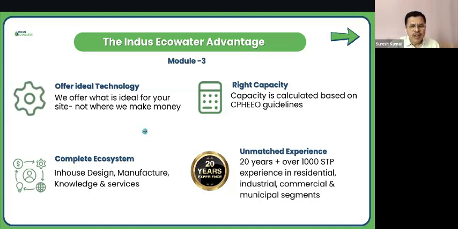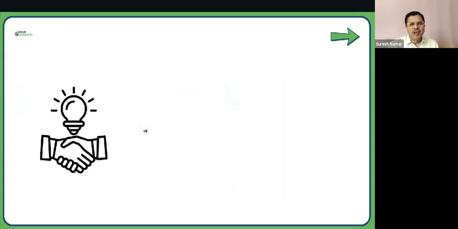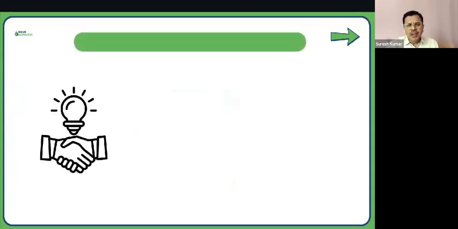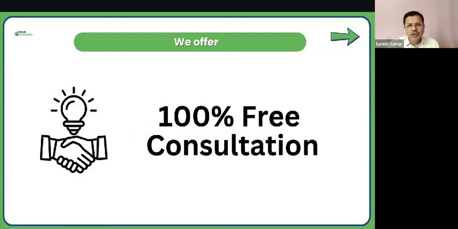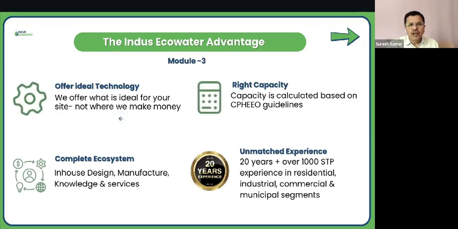We are one of the few people in India who have even executed municipal STPs of large capacity up to 5 MLD. And we offer completely free technical advice to guide you on what technology, what capacity you should be buying, and what you should be planning for your STP. These are the advantages of Indus Ecowater.